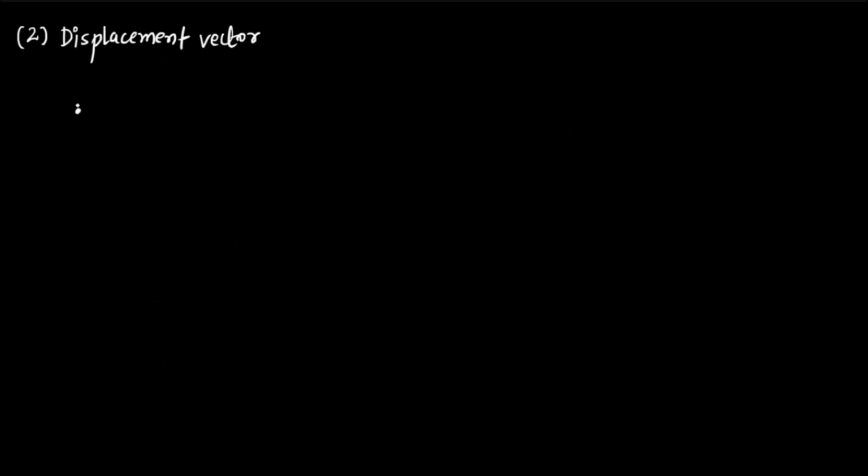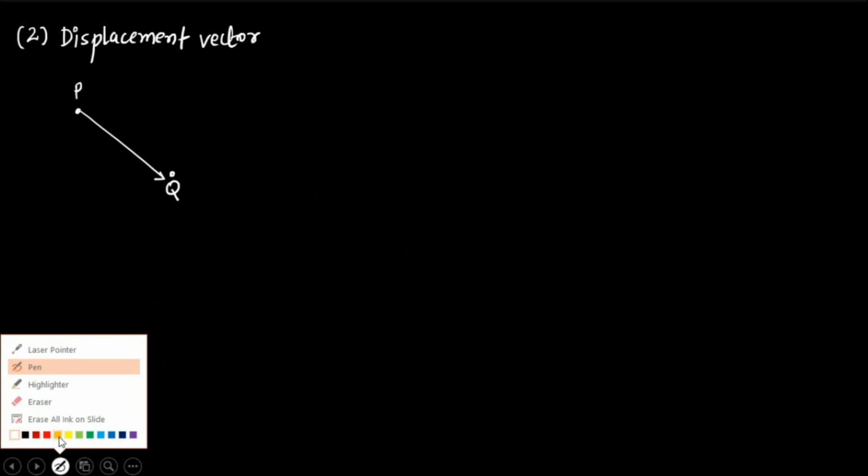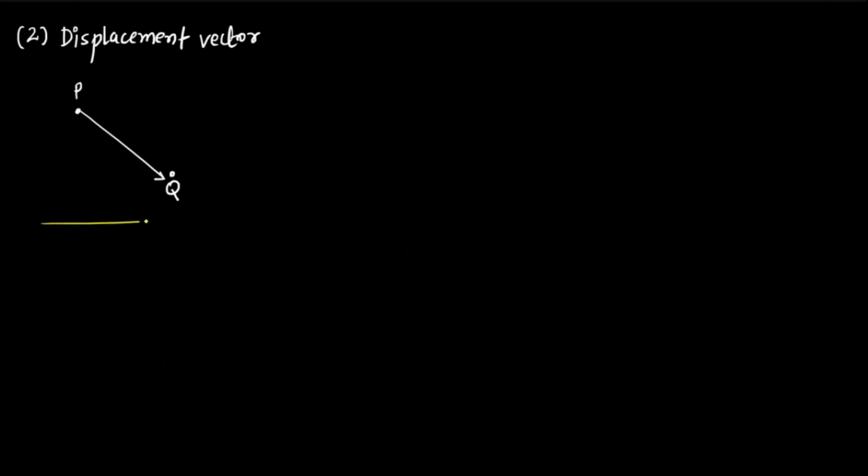So basically, you can assume that there is a point P. A particle moves from point P to point Q like this. With respect to the origin, these two points must have some coordinates.